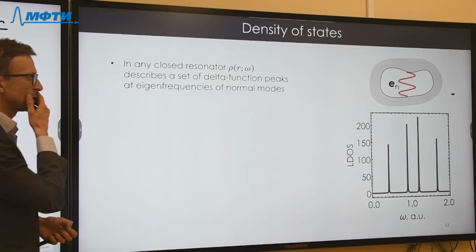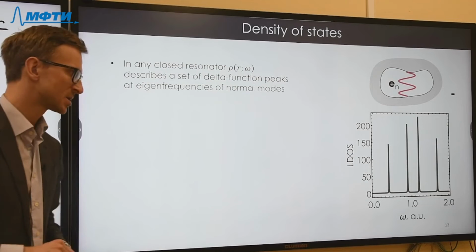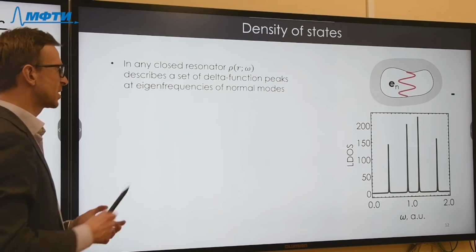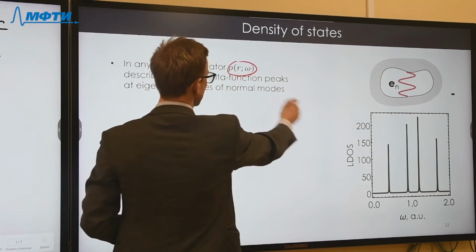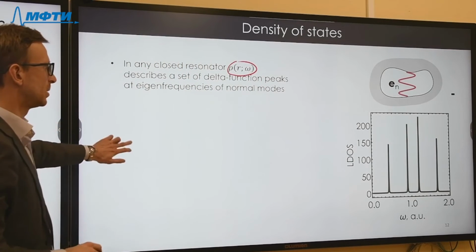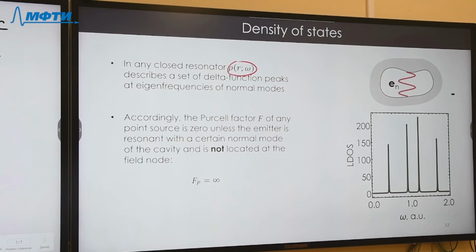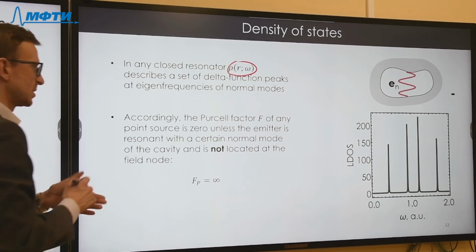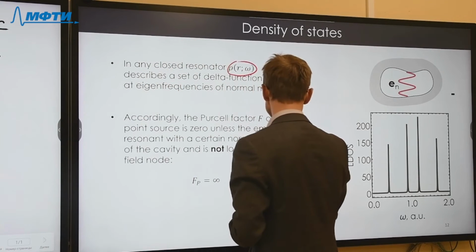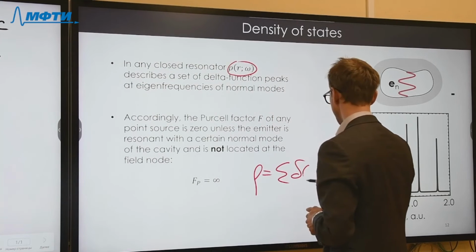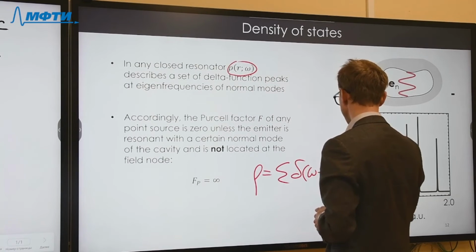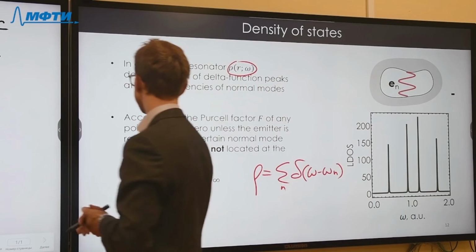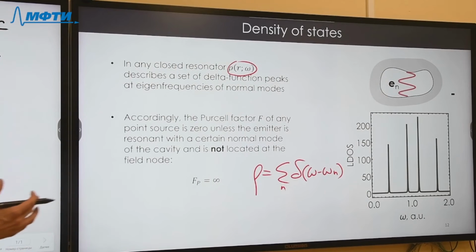And if we attempt to calculate density of states, local density of states in this case, then the resultant spectrum of local density of states will feature a series of delta function peaks, because the linewidth of every mode is 0, and if you simply count all the modes, remember that the definition of density of states is the sum of delta peaks, omega minus omega n, sum over n. And so if the spectrum of a closed system is a set of discrete modes, then in the local density of states we're going to obtain a series of delta peaks.